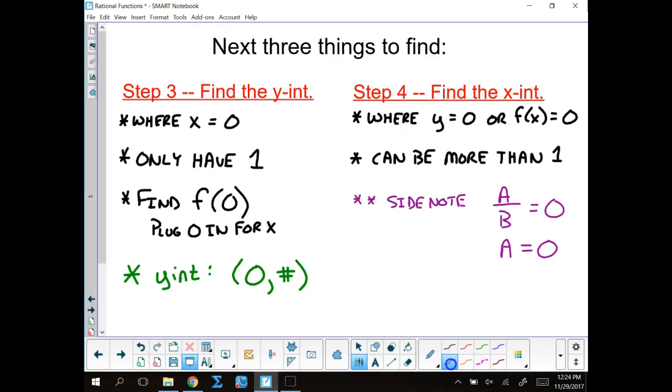So, my question to you is this. How do we find x-intercepts? Set the numerator equal to 0.